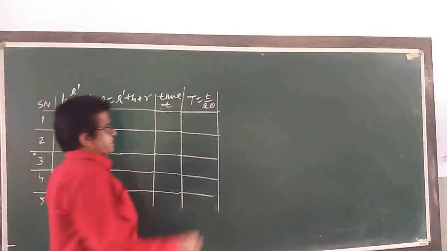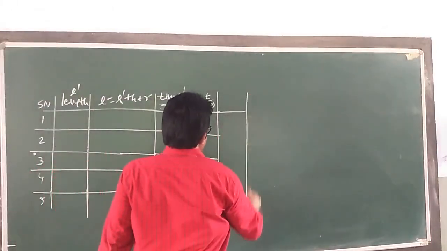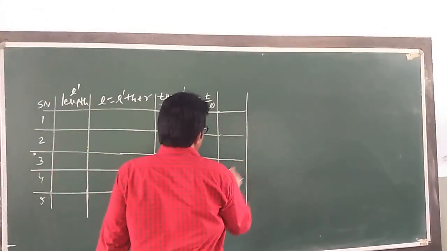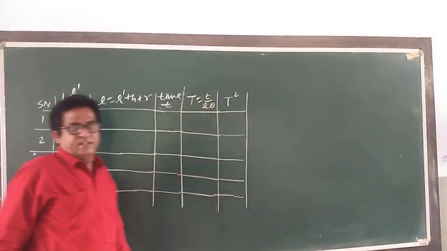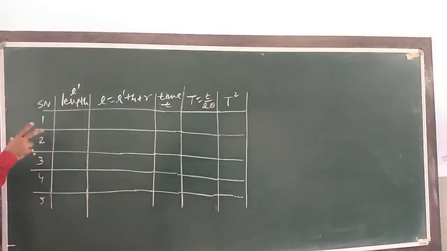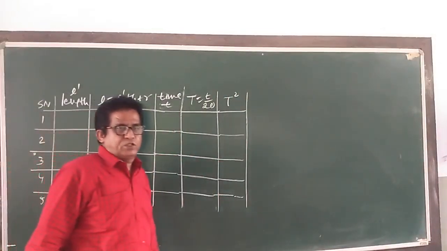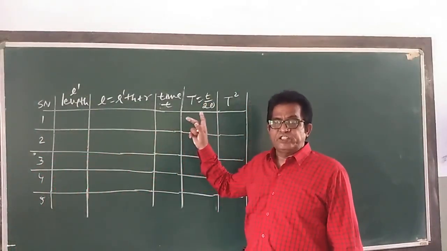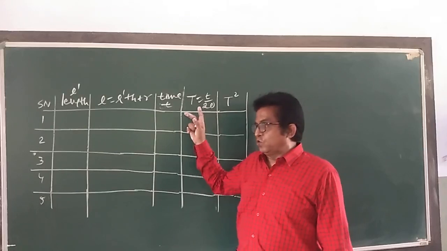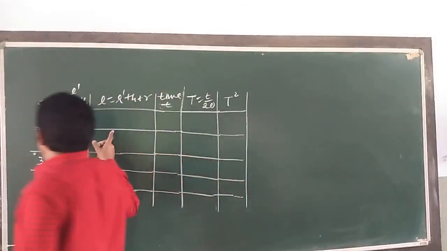And at last you find T square. So these are the main important things we are going to measure with our experiment of simple pendulum. This is the observation table. Is that clear? So draw this table.